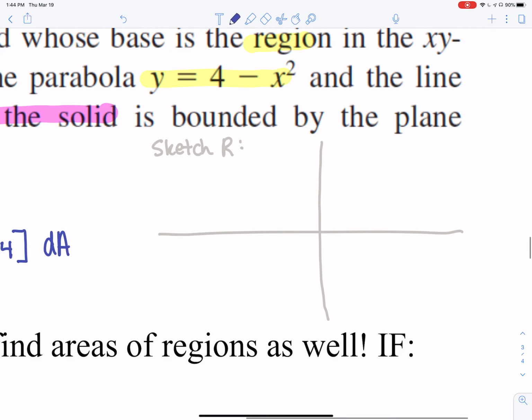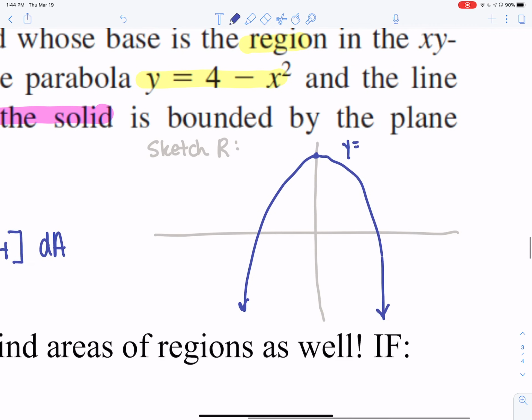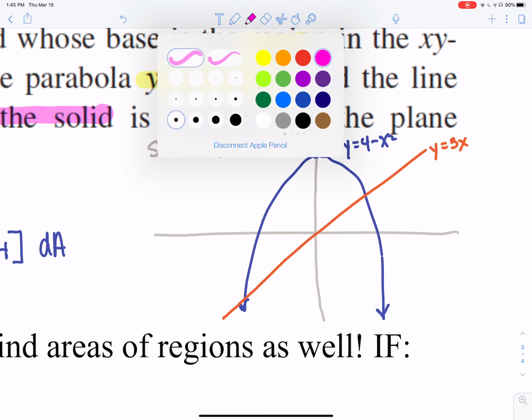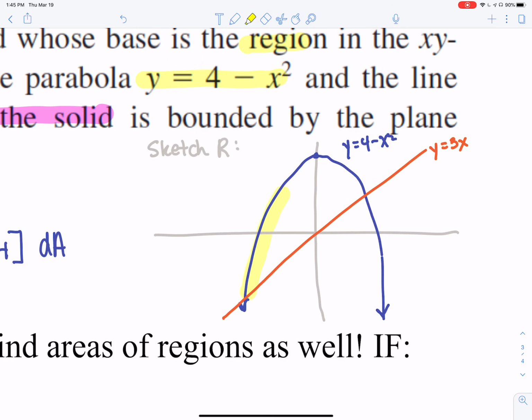So let's draw a bigger chunk of this. Here we go. So here's that y equals 4 minus x squared. And then we'll get in this 3x. Okay, so our region here is actually this guy.